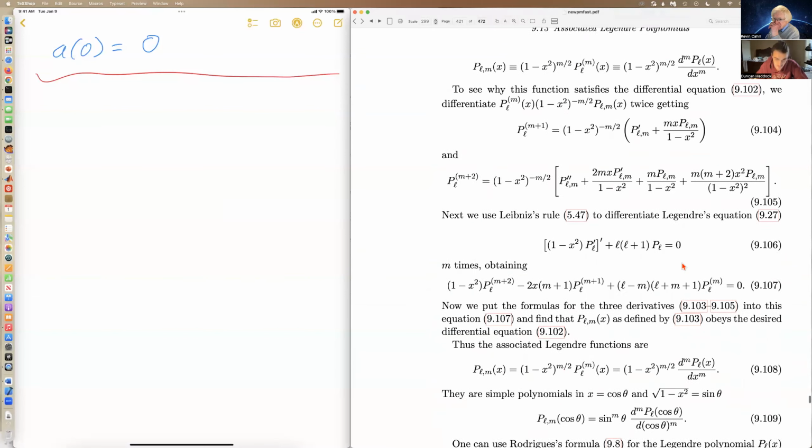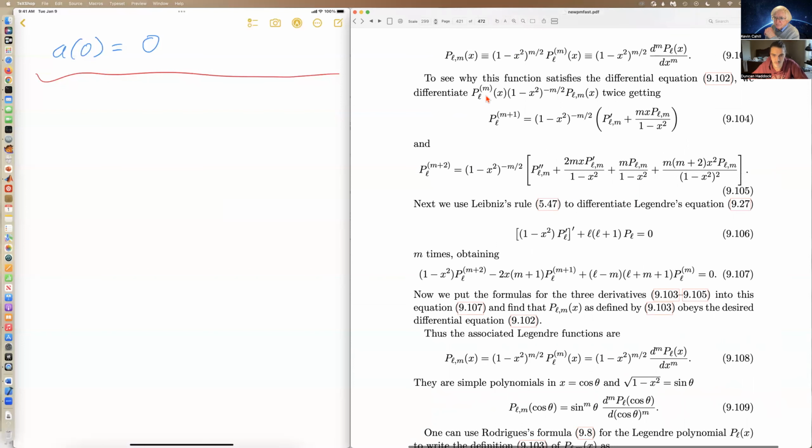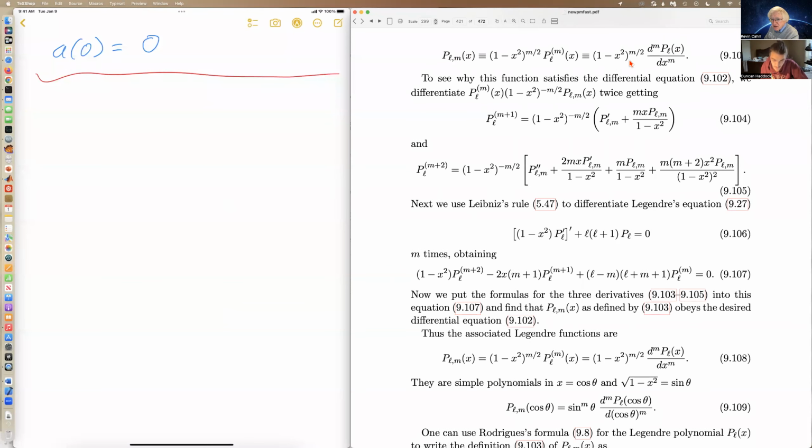And to see why this is the case, what we do is we write the mth derivative of the L polynomial, which is this thing, as P_LM divided by this thing, which is to say 1 minus x squared to the power minus m over 2. Then if we differentiate this equation, we get this.